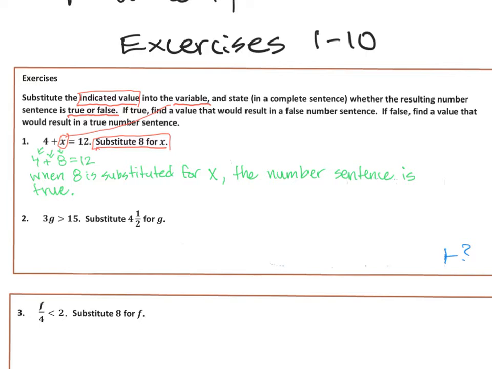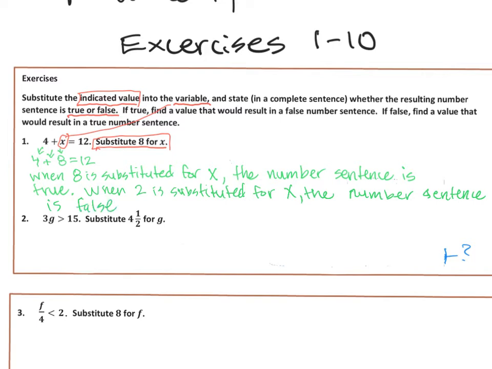So we can say really easily, when 2 is substituted for x, the statement or the number sentence is, well, we don't want to say not true. We want to use the term false.